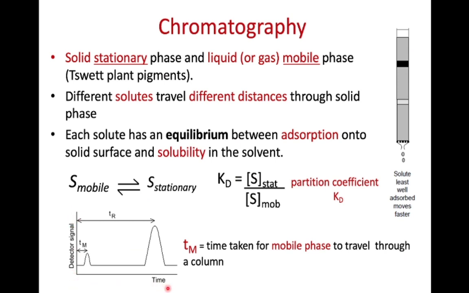The first peak that we observe is the mobile phase peak, TM, which is the time taken for the mobile phase to travel through the column, whilst the retention time, TR, is the time taken for the solute to elute from the column. So we have two things going on here: the mobile phase time and the retention time.